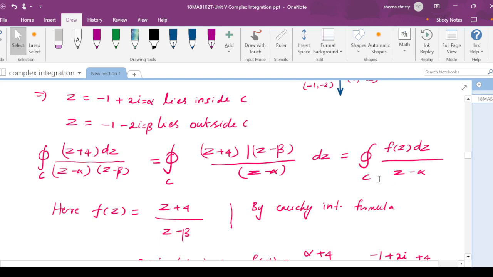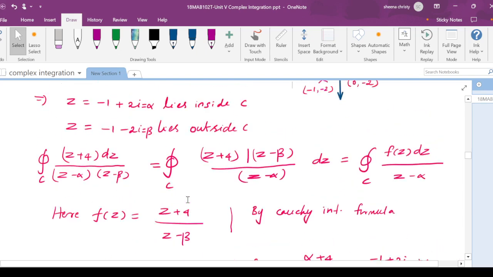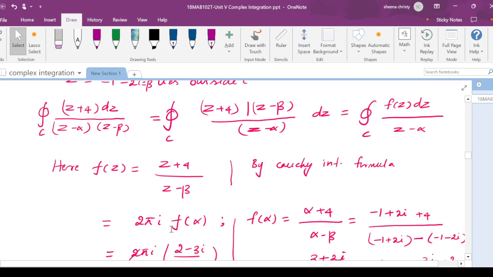Now apply Cauchy's integral formula for this. What is the formula? You will get 2πi f(alpha). Alpha is -1 + 2i. Here f(z) = (z + 4)/(z - beta). In this put z = alpha, you will get (alpha + 4)/(alpha - beta).